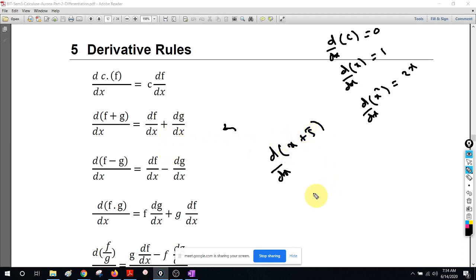This rule says you know how to find d by dx of x, and you know how to find d by dx of 5 because 5 is a constant. So you can do the derivatives separately and sum them. Of course we know that d by dx of x is 1, plus d by dx of 5, a constant, is 0, so the answer is 1.